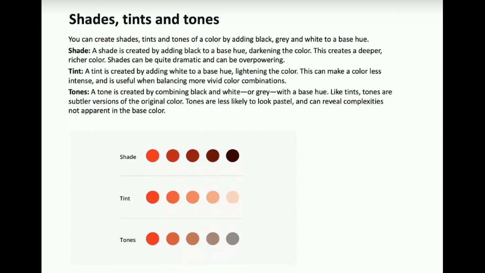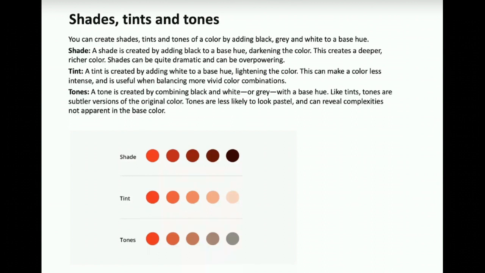I'll probably just go to my color panel in whatever software I'm working on, then I just add black to it. I will get to the part where I'll talk about the different formats of color. So shades basically mean you adding black to a color to make it quite dramatic, or to make it quite bossy, or to make it more dominant.